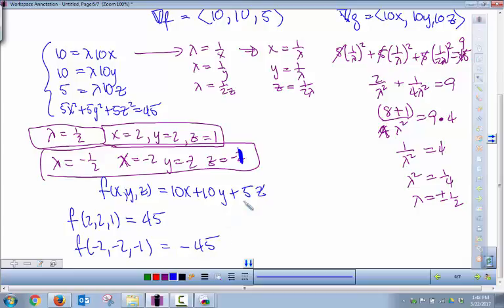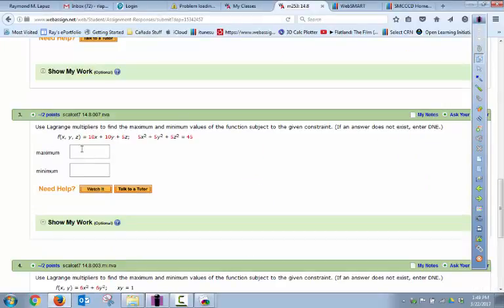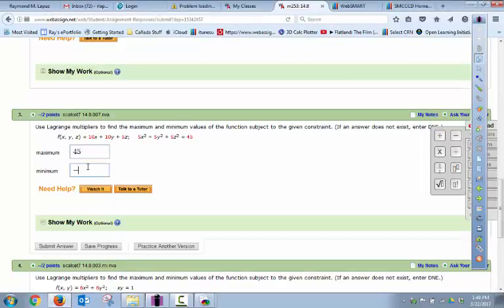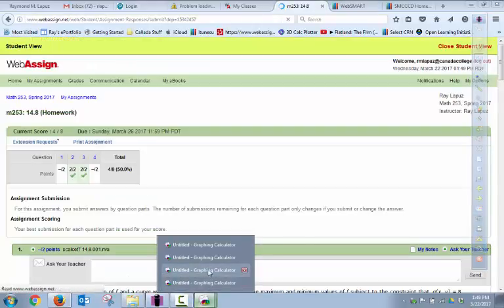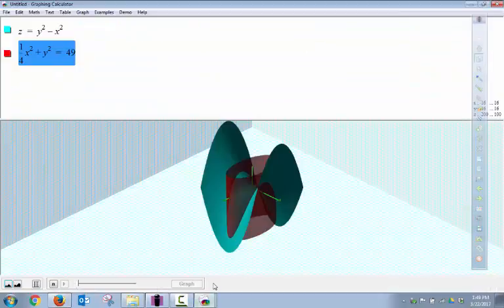Did I add that right? 10 times 2 is 20, 10 times 2 is 20, 5 times 1 is 5, 45, yeah. So it looks like it's 45 and -45. Let's check. And then let's take a look at the graphs. So that looks right.